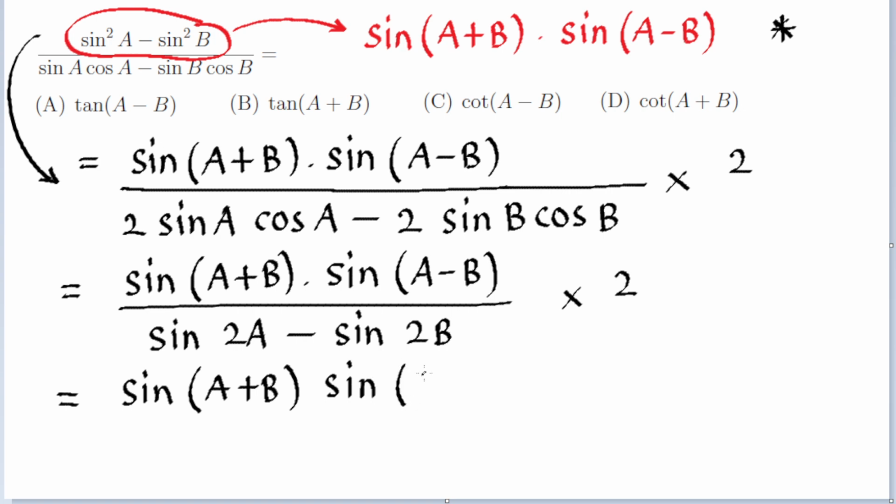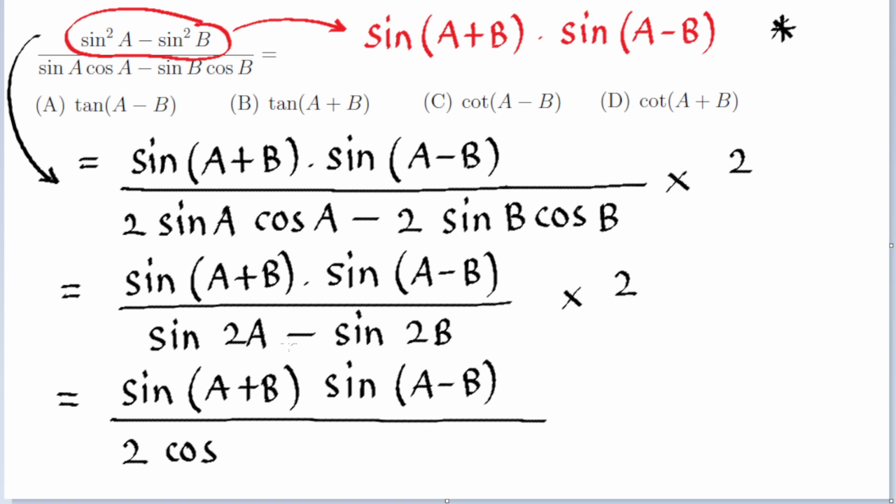In the denominator we will use the factorization results, right, and that gives us 2 cos of (2a plus 2b) divided by 2, which is nothing but simply cos of a plus b, into sin of (2a minus 2b) divided by 2. So we get only a minus b, right, multiplied with 2.